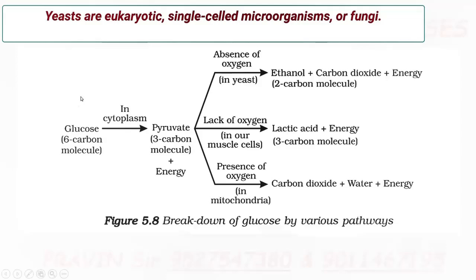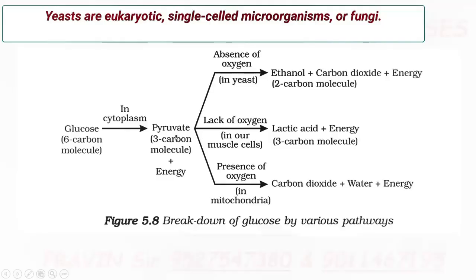Then pyruvate is again broken down to form different products, in the absence of oxygen, when there is a lack of oxygen, and when there is the presence of oxygen. When there is an absence of oxygen, pyruvate is broken down into ethanol plus carbon dioxide plus energy. This reaction takes place in yeast.